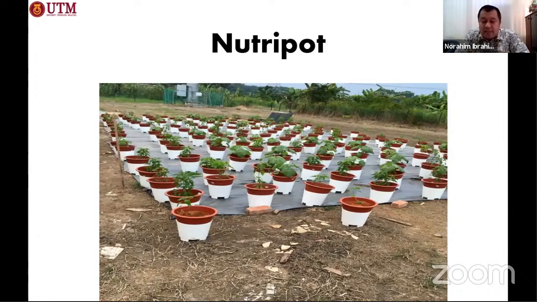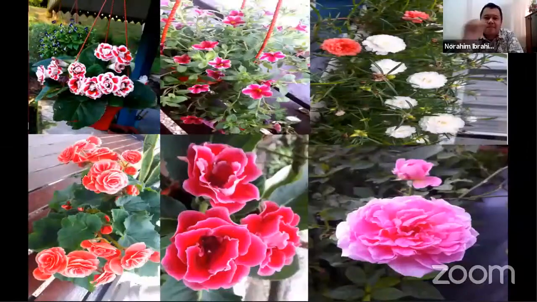The bottom one, you put your fertilizer inside it, and then on the top one you put your plant. So maybe every week you have to replace your fertilizer solution. But it depends on you. Which one do you prefer? Which kind of method really fits me?